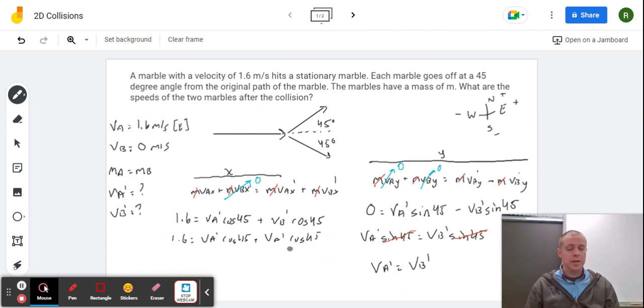Now we only have one variable. Really easy to solve from here. So 1.6 equals 2 VA prime cos 45. So VA prime is 1.6 over 2 cos 45. So we run that through our calculator.